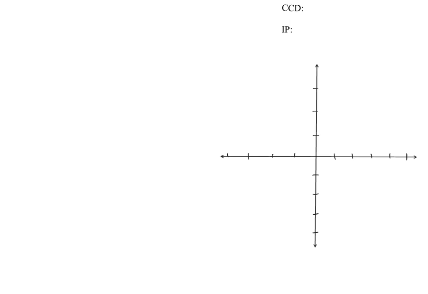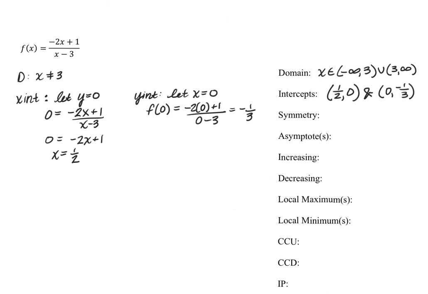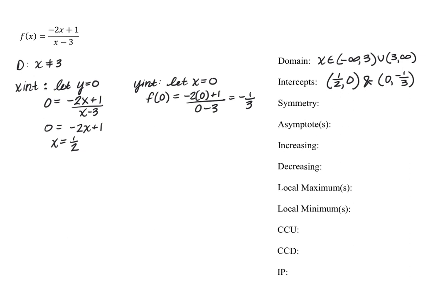I can make adjustments later, of course. And I will plot, I like to graph as I go. I'll go ahead and plot my x and y intercept. So we had 1/2, comma 0, and then we had 0, negative 1/3. So I'll estimate those two coordinates on my graph. Very good.